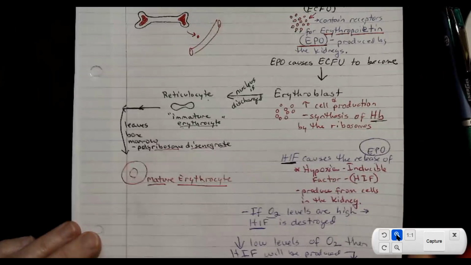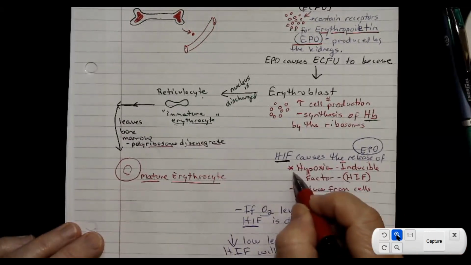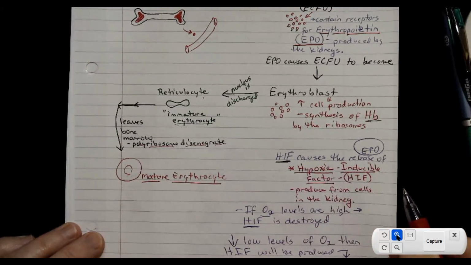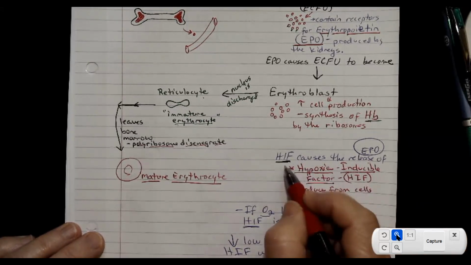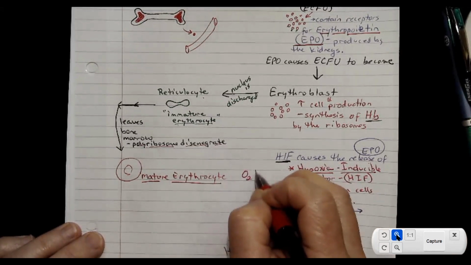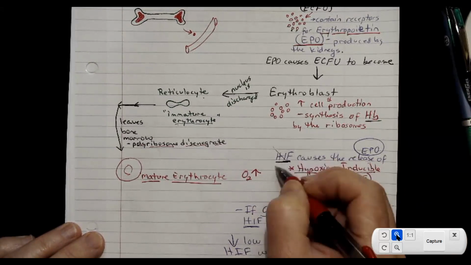Now, one more thing I added about this is the hypoxia-inducible factor. This is produced from the kidneys, and it detects oxygen levels, all right? So if oxygen levels are really high, then the oxygen actually destroys this stuff, okay? It destroys it.